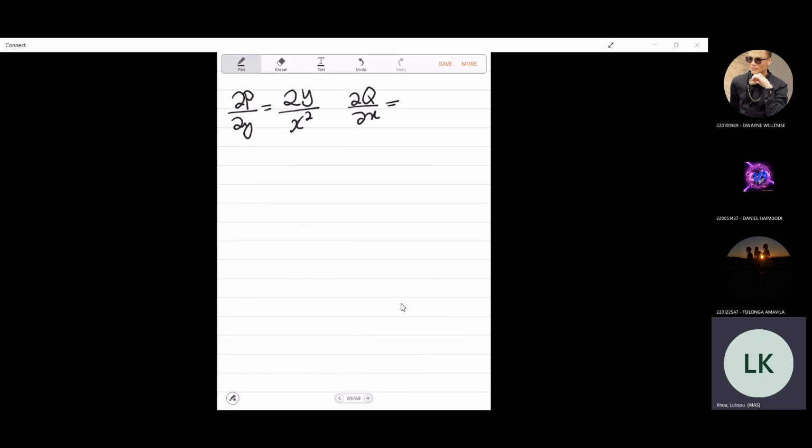So this is 2y over x squared. So the two derivatives are equal, so our differential equation is now exact.